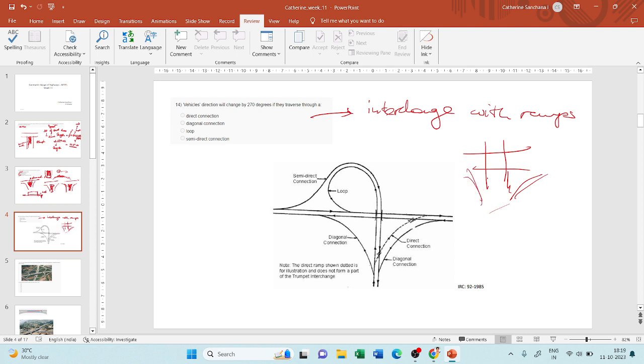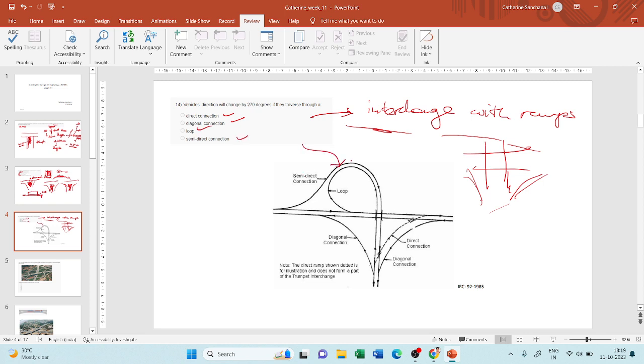Okay, ramp roads. What do I mean by interchange without ramps? It means that two roads are simply crossing one over the other, but the access to each of the roads is provided somewhere else, not here. Okay, they are just crossing one another here. So this question stands for interchange with ramps. Now let us see this example, because they have given you different terms.